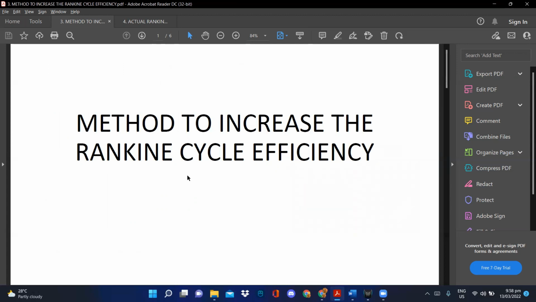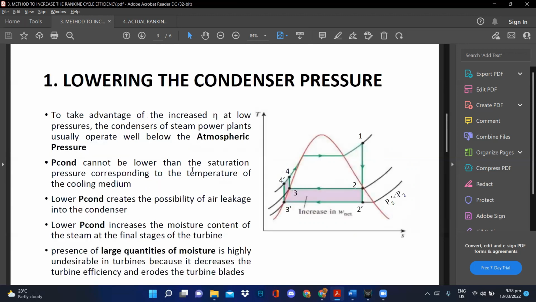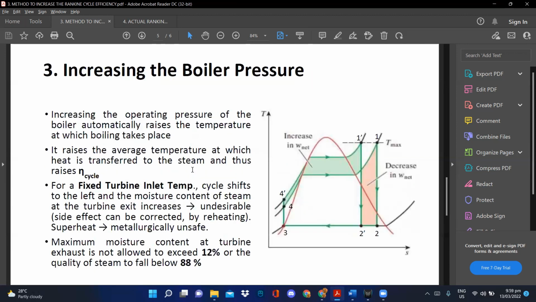You have to lower the condensing pressure for you to be able to have a longer work net. You have to increase the temperature of your superheated vapor for you to be able to increase the pressure. And then you're going to increase your boiler pressure for you to be able to increase your superheated steam.